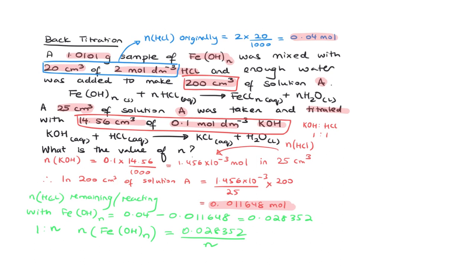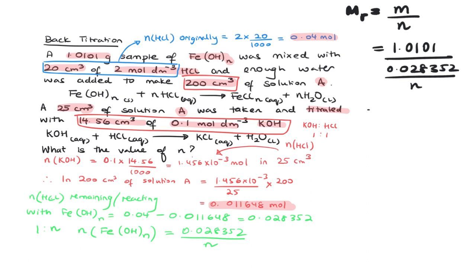So Mr is equal to the mass divided by the number of moles, and the mass is given to us as 1.0101 over 0.028352 over n, and that gives me something in terms of n, which is 35.63 n.